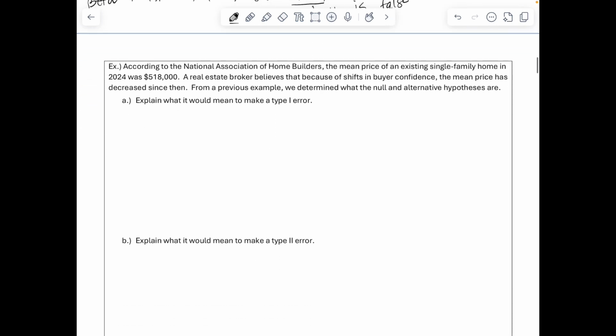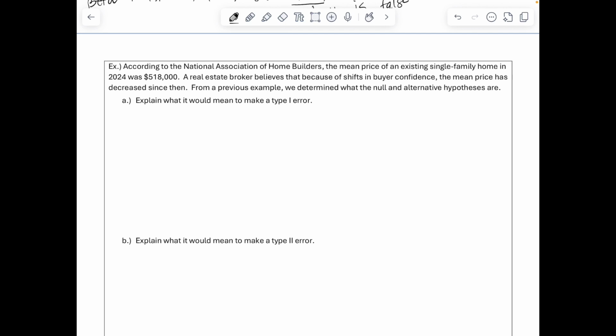At the top of the next page, we have an example, and you'll notice it looks very similar to stuff that we've already seen. According to the National Association of Home Builders, the mean price of an existing single-family home in 2024 was $518,000. A real estate broker believes that because of shifts in buyer confidence, the mean price has decreased since then.